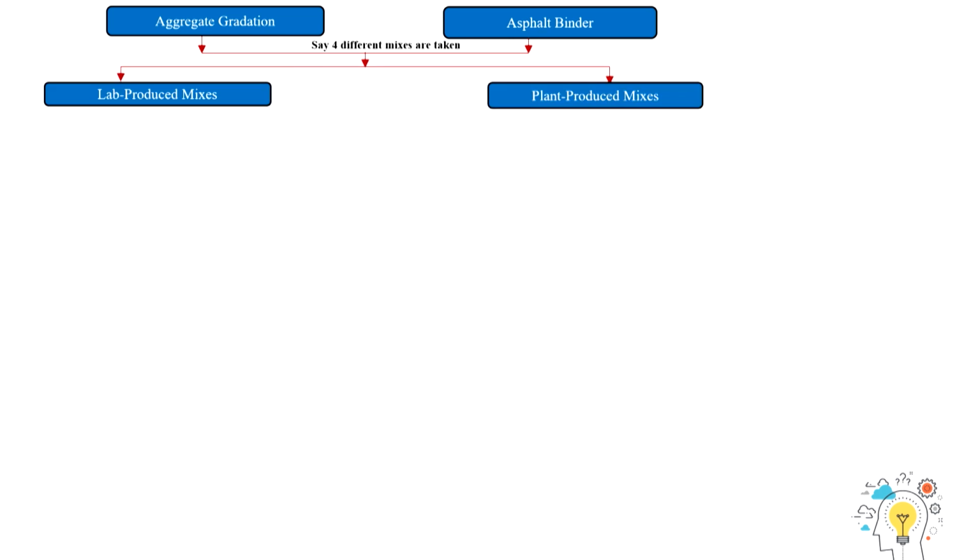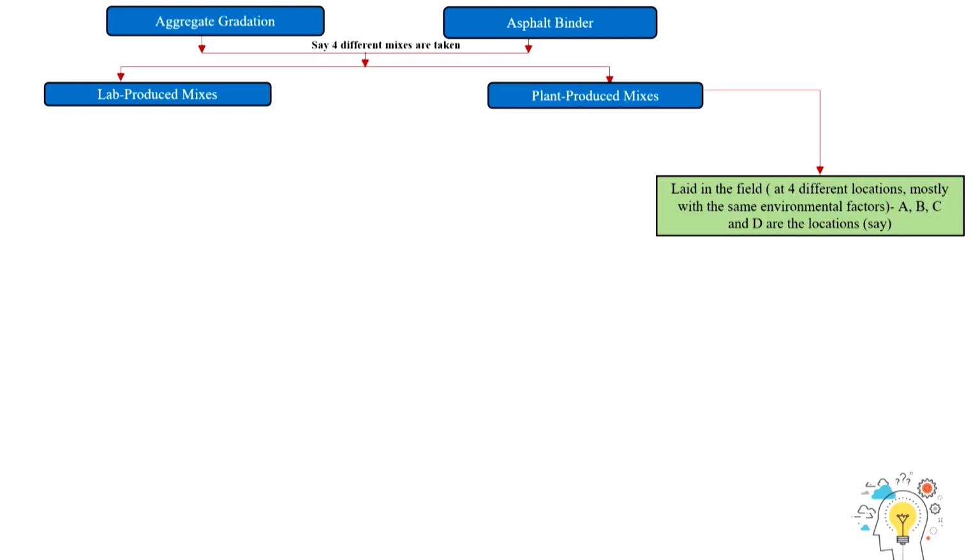I can use this combination to produce lab mixes, but not necessarily will lab mixes always be similar to the plant produced mixes. So, our suggestion is that we should parallelly look at the plant produced mix also, because it is the plant produced mix which is going to be laid in the field, which is going to be compacted. So, that will give me a more appropriate indication about the actual mix which is being produced.